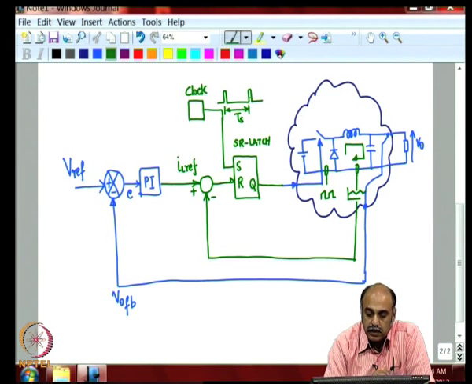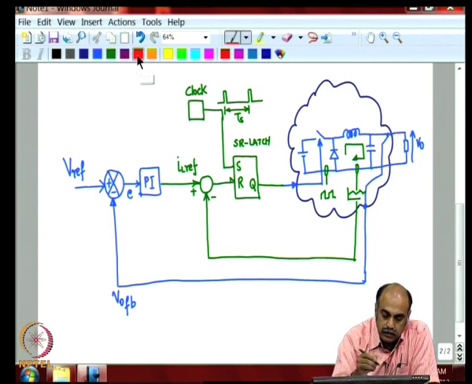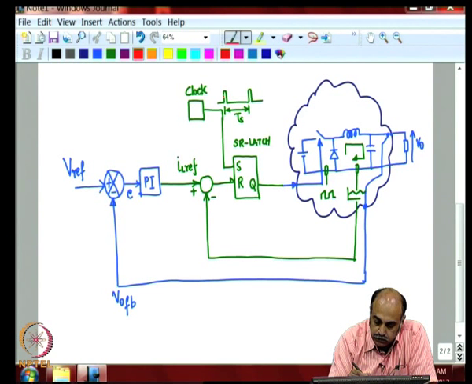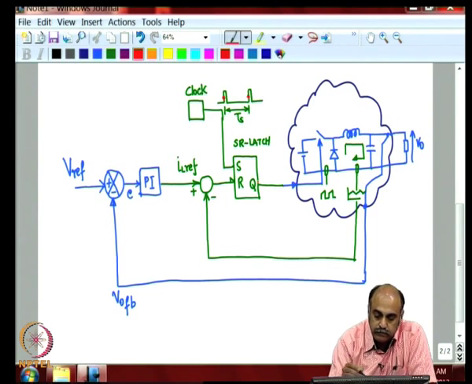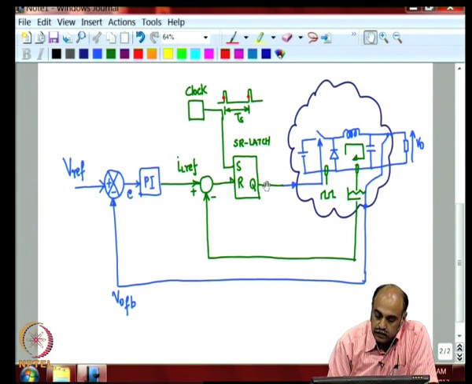So, this is the switching period, and on the positive edge, the SR latch is triggered. So, at every positive edge of the clock, the SR latch output goes high, and this will switch on the DC-DC converter switch.